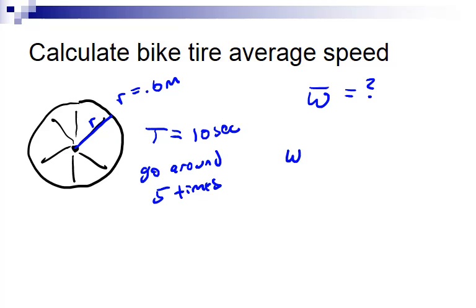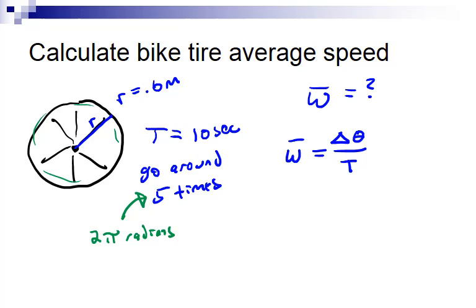All right, so we know average angular speed is how much angle in a certain period of time. And there's a couple different ways to do that. I'll show the way if we use the entire time. If we went around 5 times, we know a full revolution is 2 pi radians. That's all the way around. So we can multiply that by 5, and that would be the total angle.